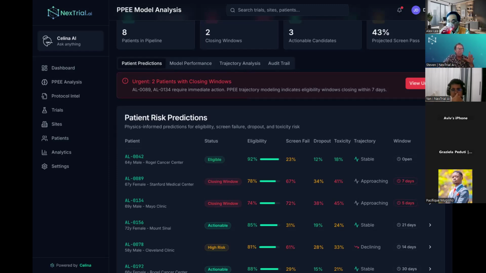And this is the full funnel forecasting, not just whether a patient is eligible today, but what's the probability this patient makes it through screening, stays enrolled, and completes the protocol without a treatment-limiting adverse event. And that's what sponsors actually need to forecast enrollment.